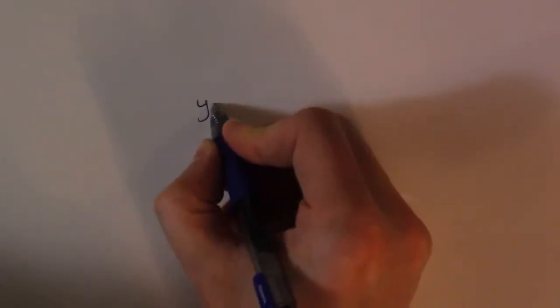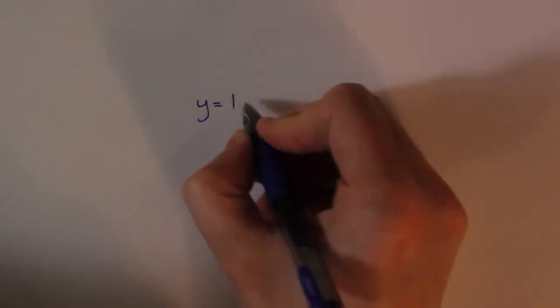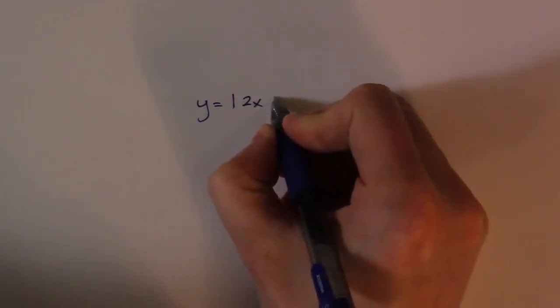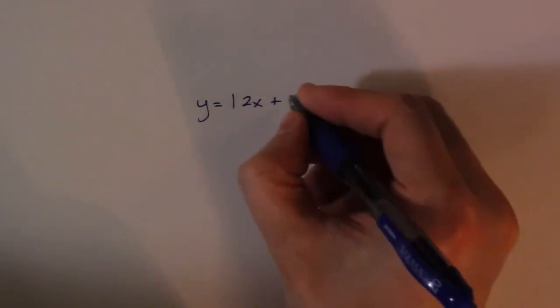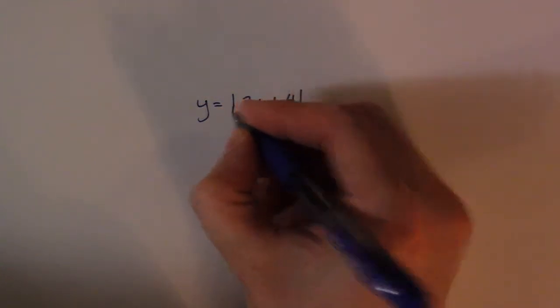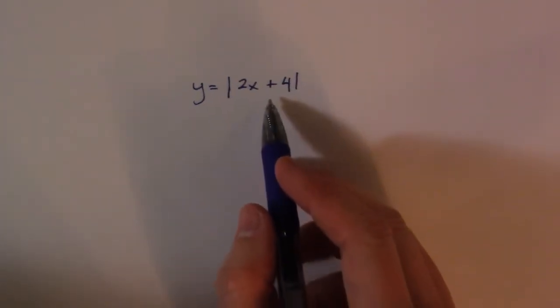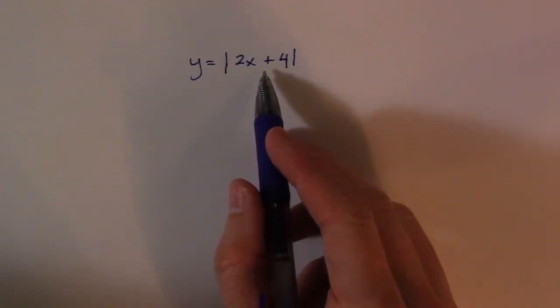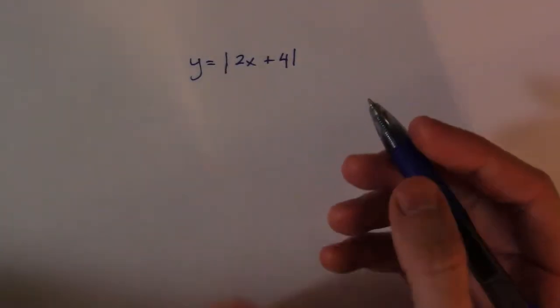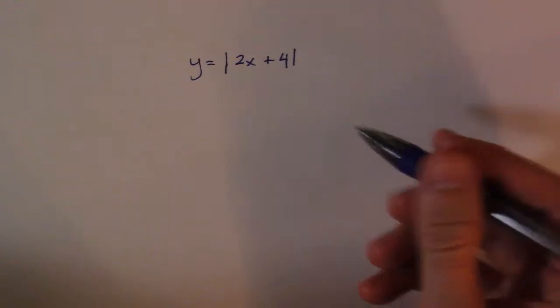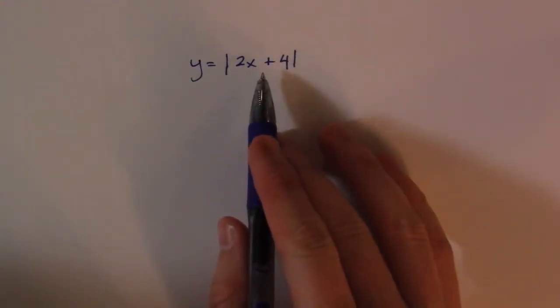So if we have an absolute value function, let's call it the absolute value of 2x plus 4. So this is the absolute value of a linear function. If we want to write this as a piecewise function, we have to really think about what this graph looks like.